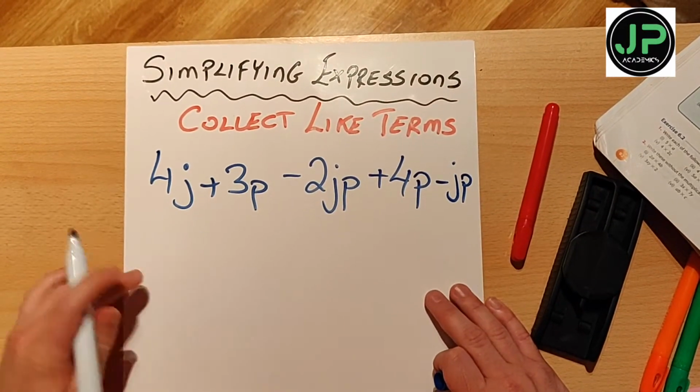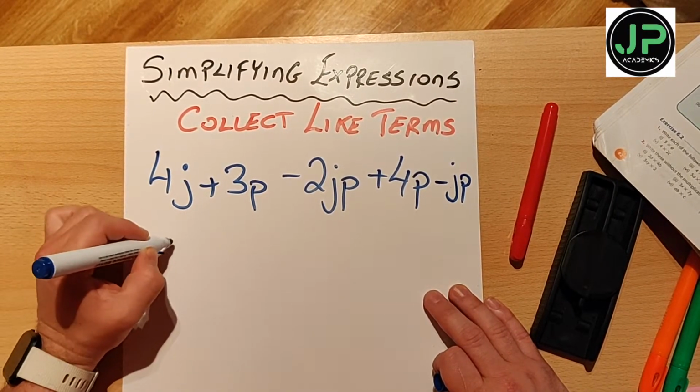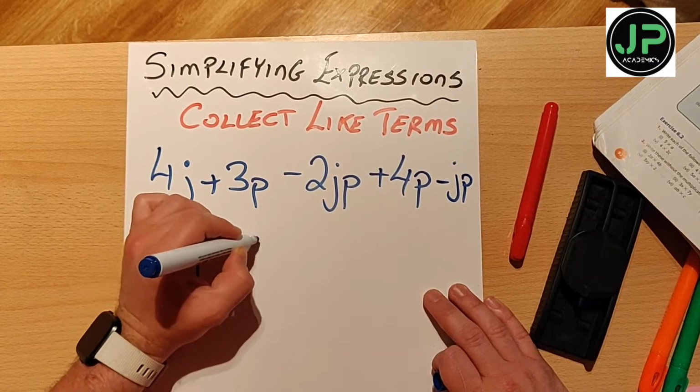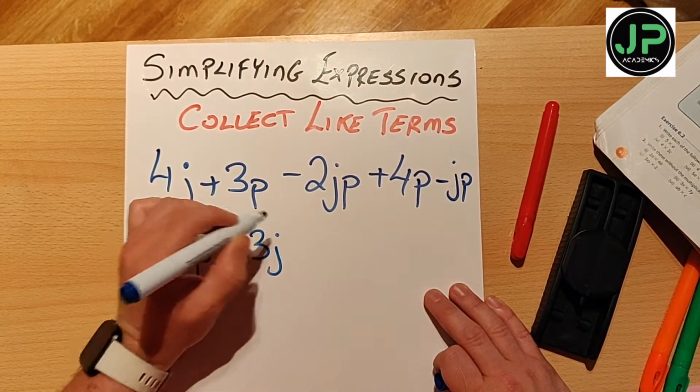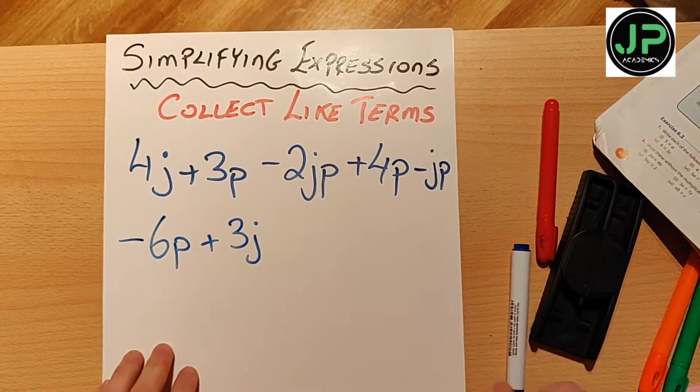Do 2 more. Minus 6p plus 3j. Now this one is a lot more complicated.